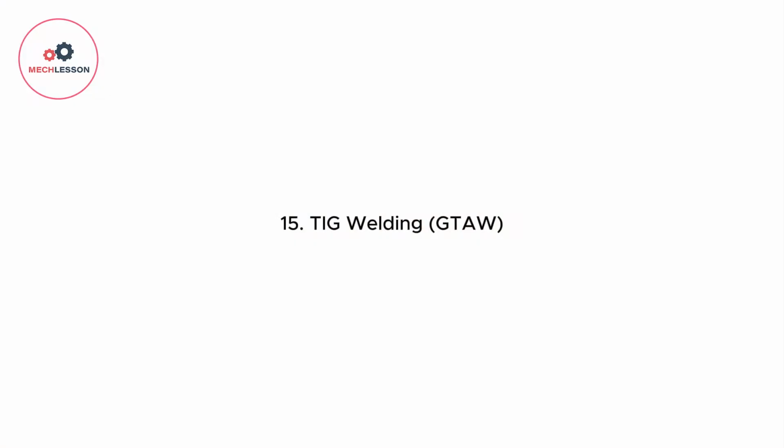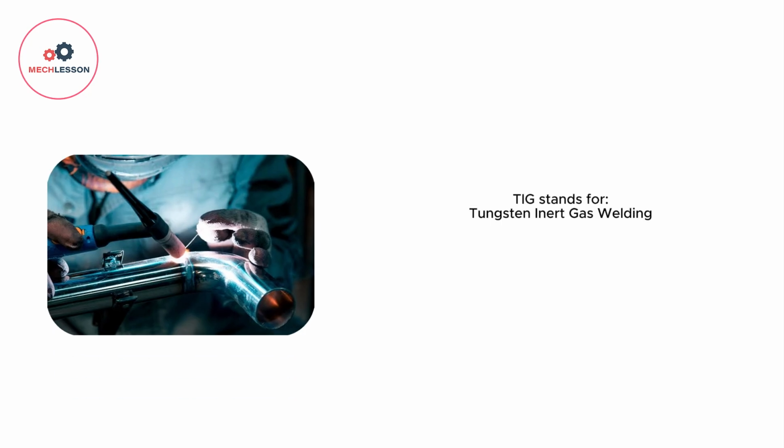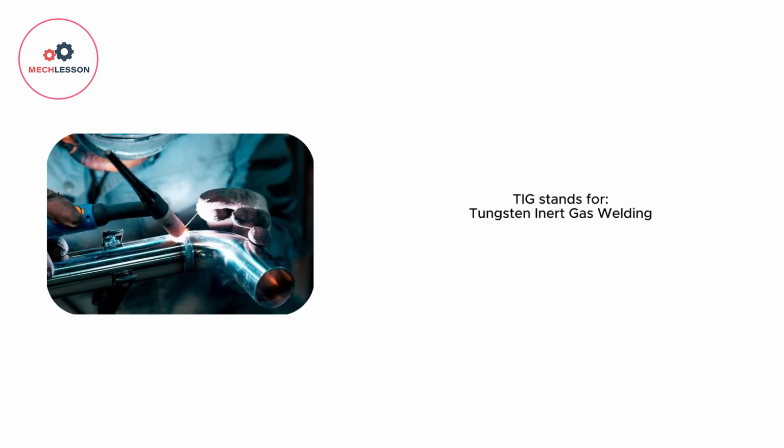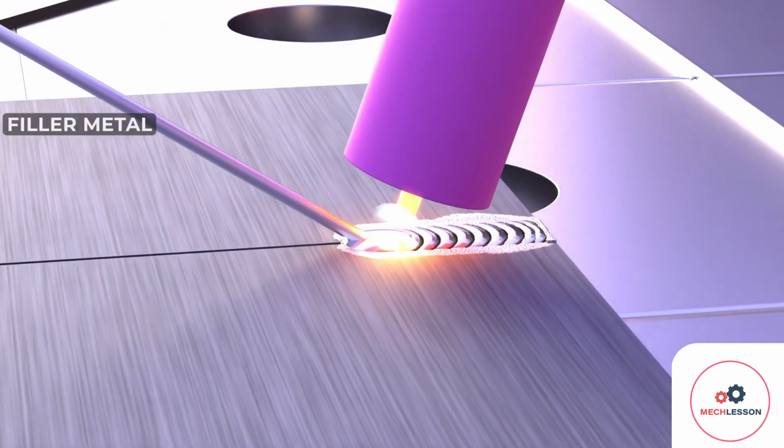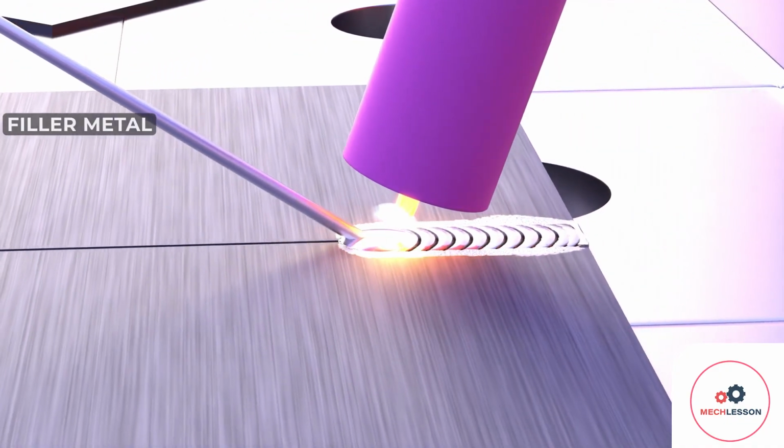TIG welding, GTAW. TIG stands for Tungsten Inert Gas Welding, officially known as Gas Tungsten Arc Welding, GTAW. This process uses a non-consumable tungsten electrode, shielding gas, and optional filler rod. TIG welding produces some of the cleanest and most precise welds available.